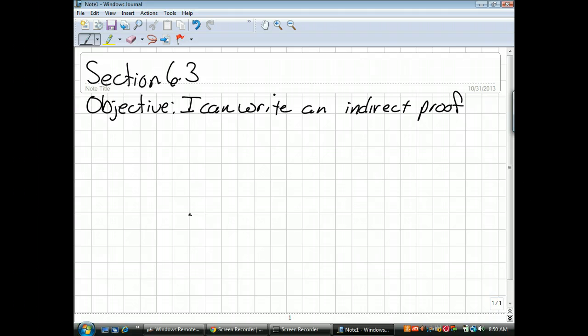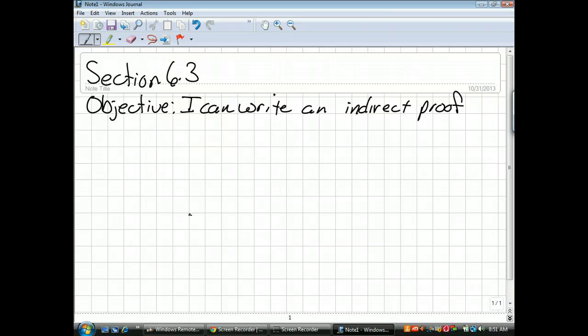Now it turns out that especially in higher level math, sometimes it's impossible to write a direct proof. But it is possible to prove something using what is called an indirect proof.